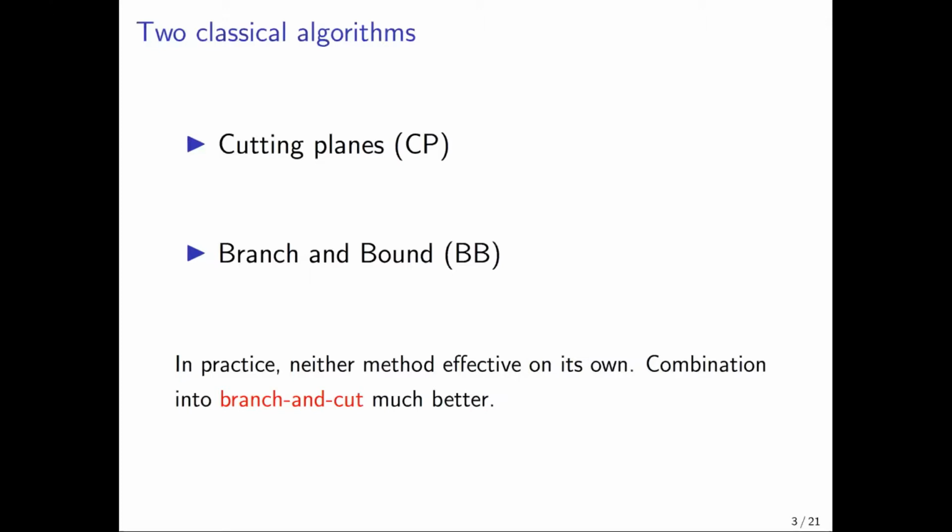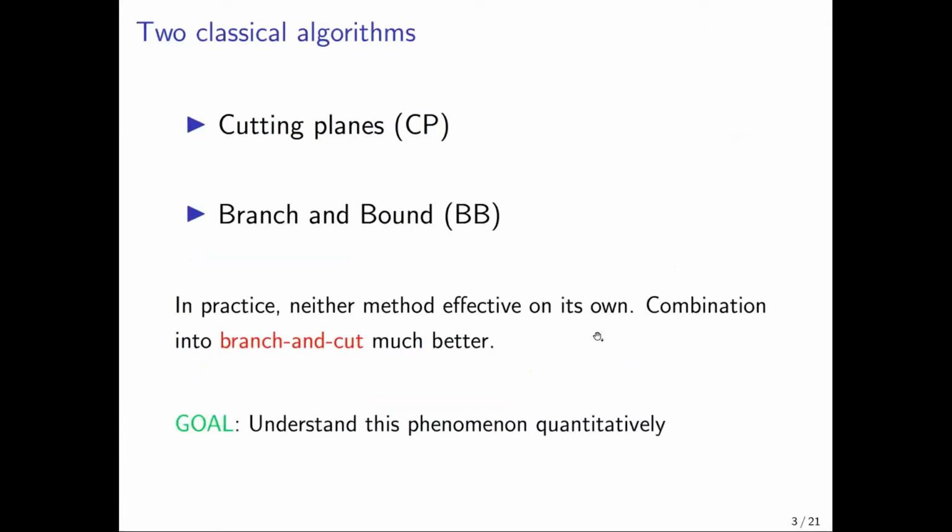Branch and bound does a little bit better than cutting planes for sure. But even so, when you combine them into what is known as branch and cut, you can solve a lot more and a lot bigger problems. This is an empirical fact that has been observed for decades, and what we really wanted to do was understand this phenomenon more mathematically or quantitatively.